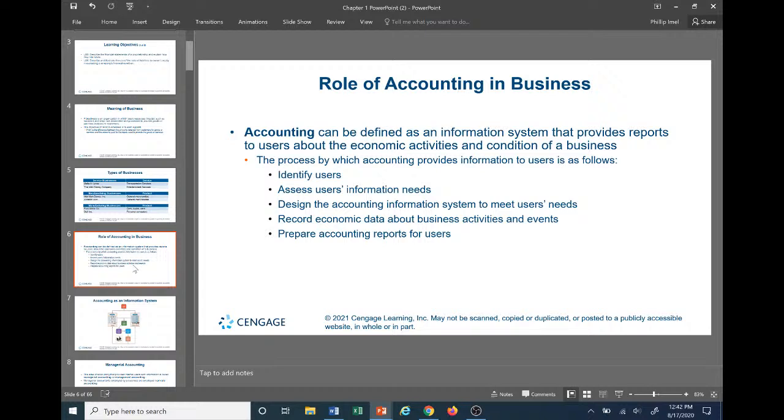That's what we're accounting for in a business: those economic activities and events, right? We want to prepare accounting reports for users, so we have something tangible that users can look at and say, okay, this is where their strengths are, this is where their weaknesses are. They tend to be spending money on this, and bringing money in because of this, whatever it might be. So we just prepare the accounting reports for the users.